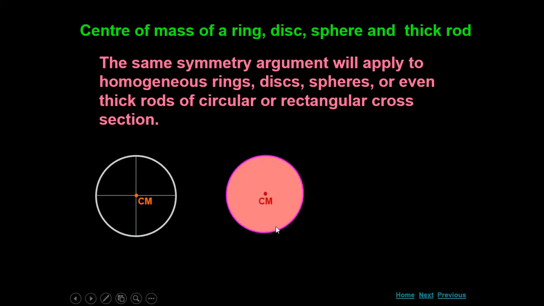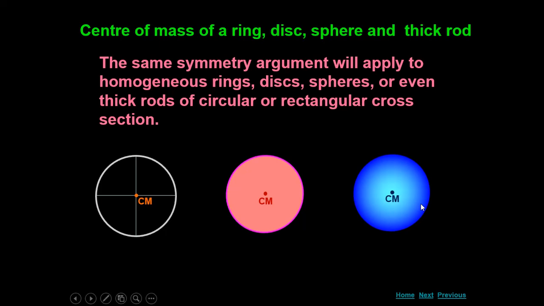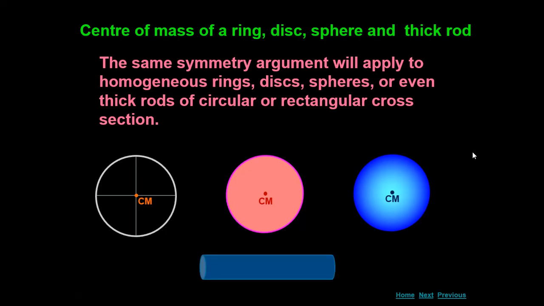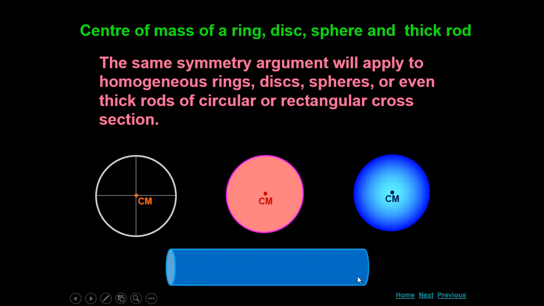If you take a sphere, exactly at the center of the sphere you will have the center of mass. Or you can take a cylindrical object. In the cylindrical object also, at the center you will have the center of mass.